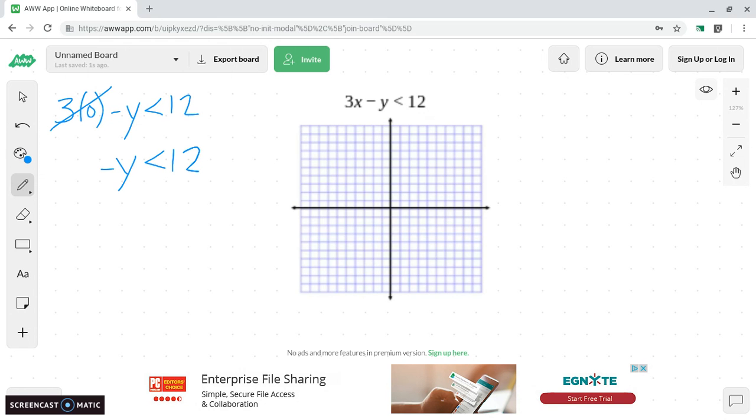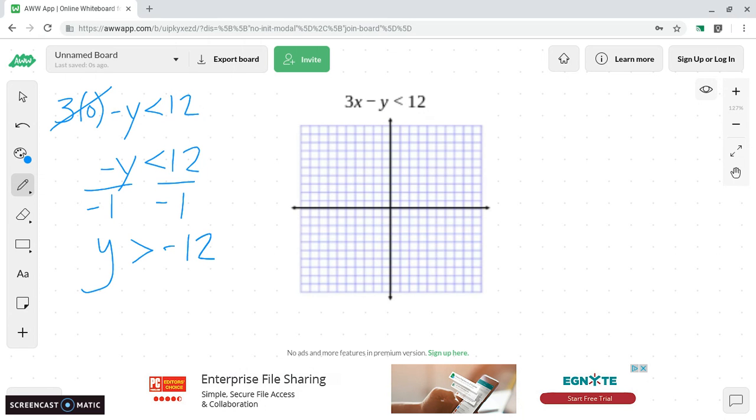We don't want a negative y, and so what we actually need to do is divide both sides by -1. There's an invisible -1 in front of the y, and so to get rid of that, we have to divide by it on both sides. Now this is an inequality, so because we're dividing by a negative sign, we have to flip our sign, so it changes to a greater than. So you have a positive y is greater than a -12.